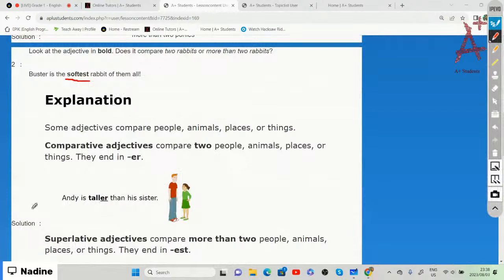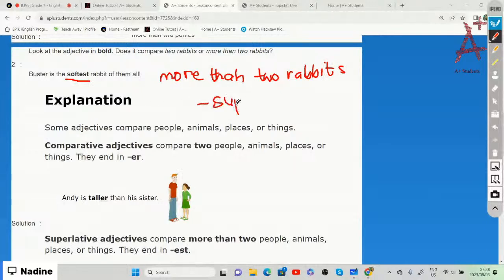In this case, more than two rabbits are being compared, and when we compare more than two animals, we call this a superlative. So it's called a superlative adjective, right? Superlative adjectives compare more than two people, animals, places, or things, and end in est.